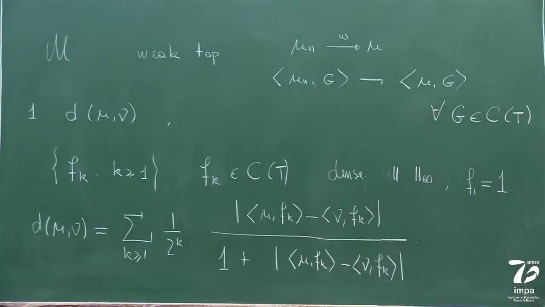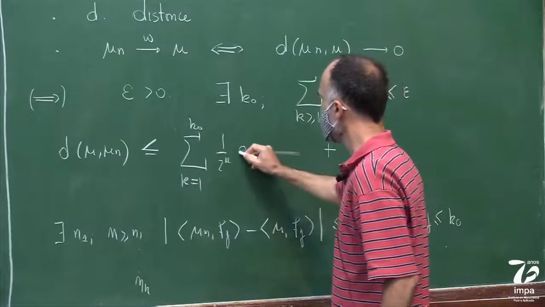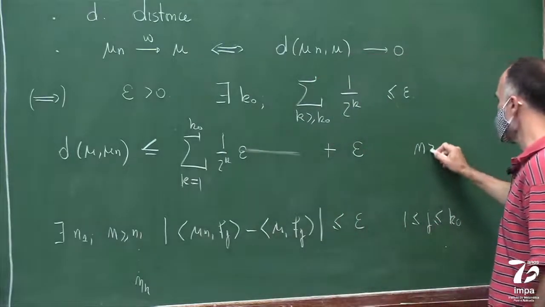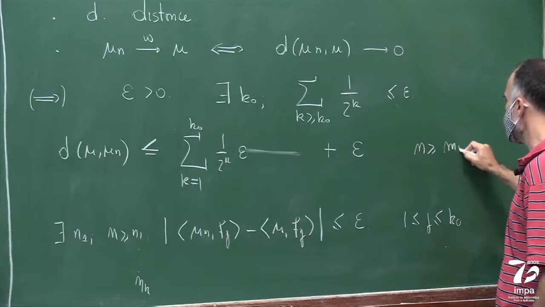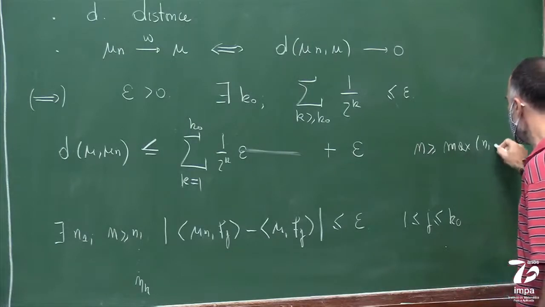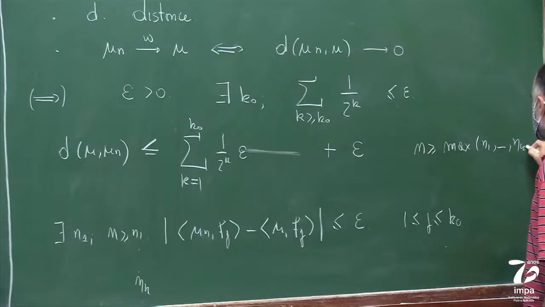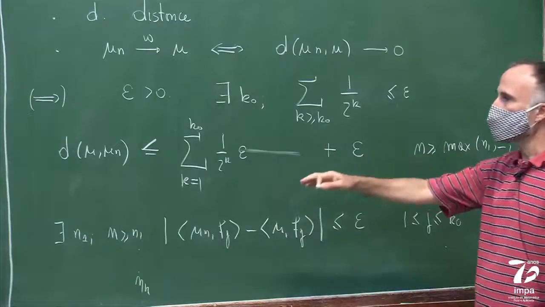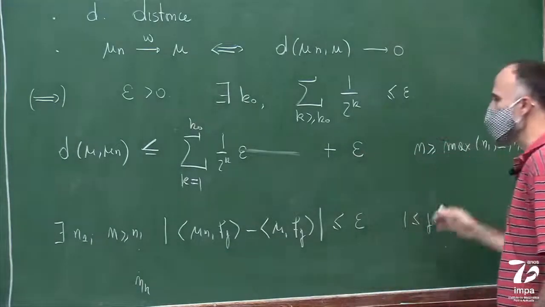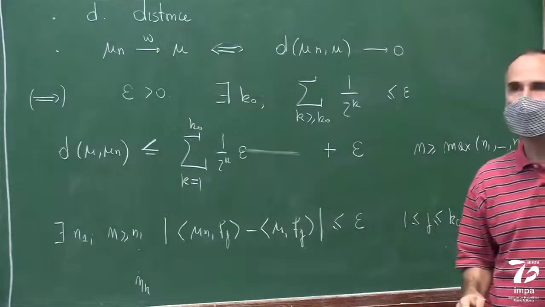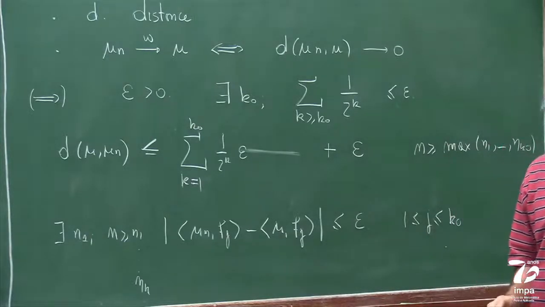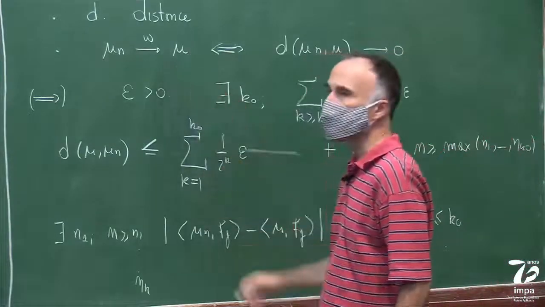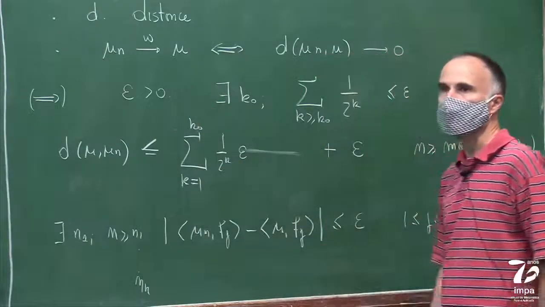And this means that this expression here will be bounded by epsilon times 1 over 2^k, provided n is larger than this maximum between n1 up to n_k0. And this gives you that this distance is bounded by epsilon, provided n is sufficiently large. So this proves that, indeed, if mu n converges to mu weakly, then the distance converges to 0.